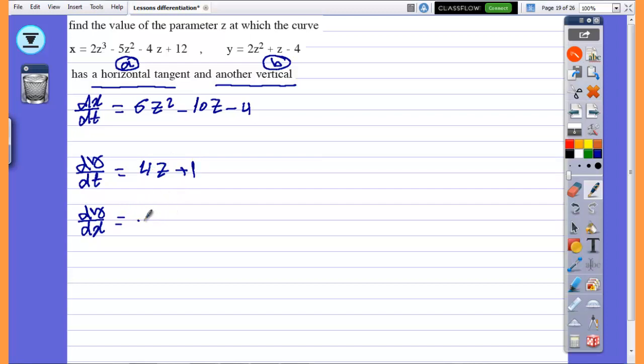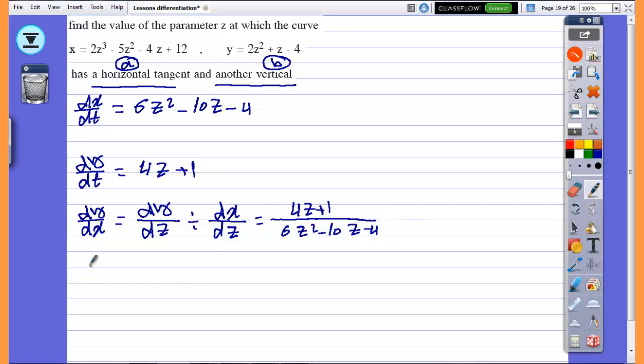So dy/dx equals dy/dz divided by dx/dz, which equals 4z plus 1 over 6z squared minus 10z minus 4.